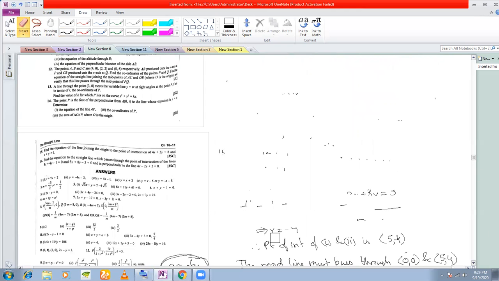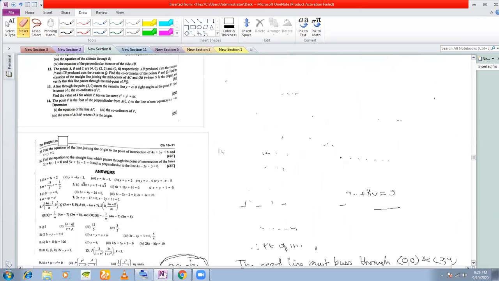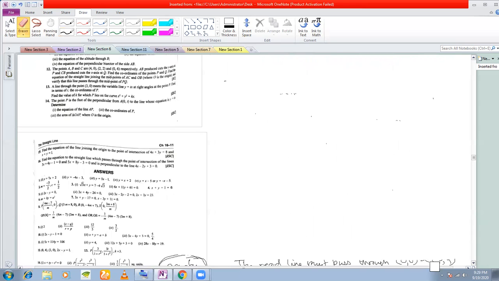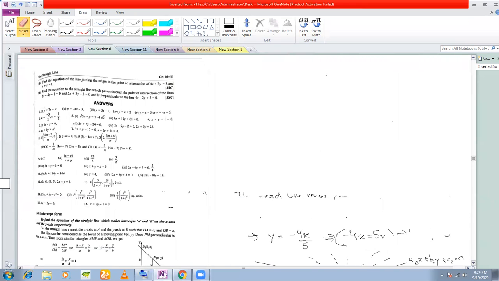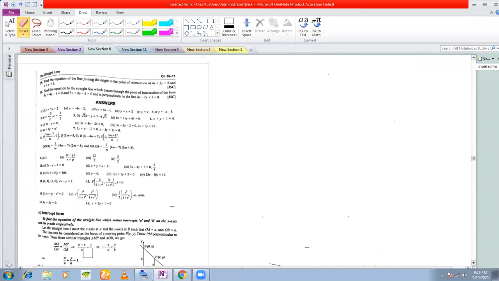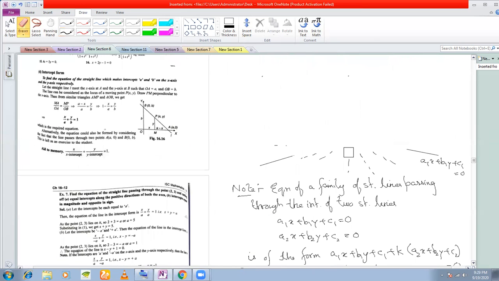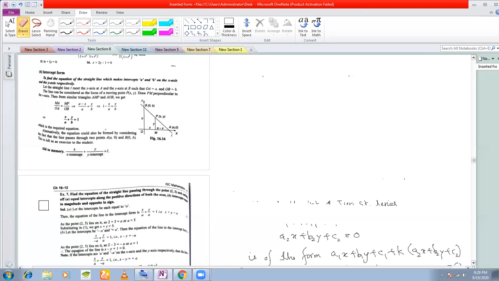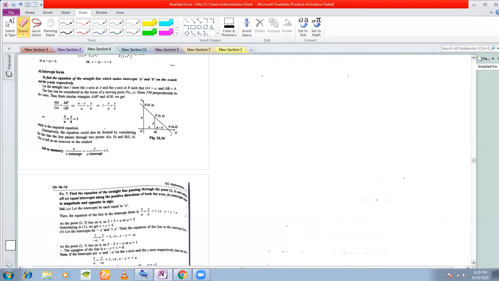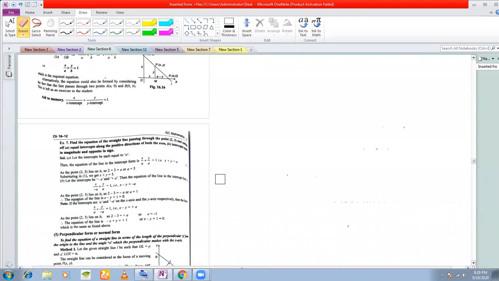The question here is: find the equation of the line joining the origin to the point of intersection of the two given straight lines. We don't need to actually find the point of intersection.